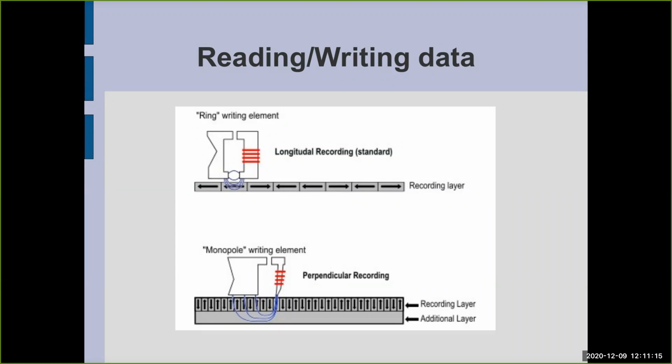You can see that 2.5 inch hard drives have lower capacities than 3.5 inch hard drives. This is due to the limitation in writing density.